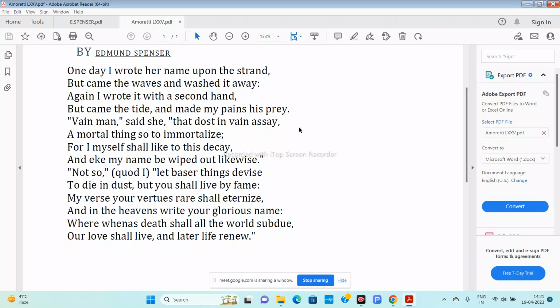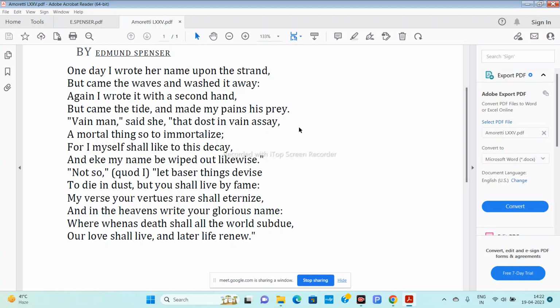So this poem is, of course, in the form of a conversation, as you can see. It is in the nature of a conversation between Spenser, or the poet or the narrator, speaker, you can say, and a woman who is presumably the beloved, the person whose name the poet was trying to write.